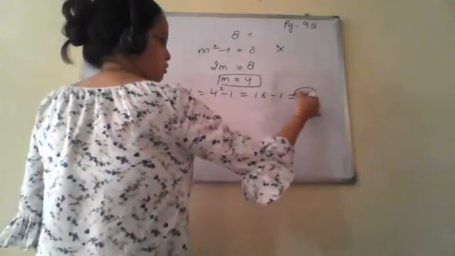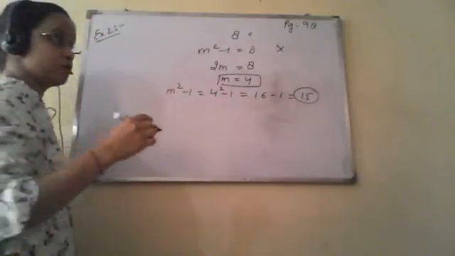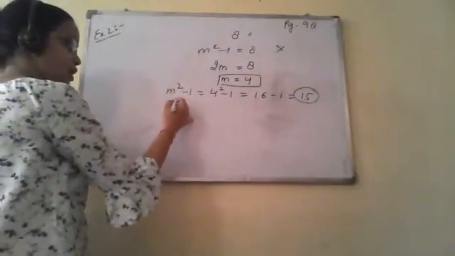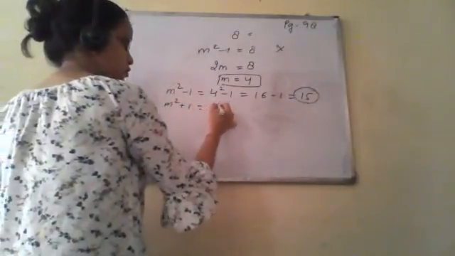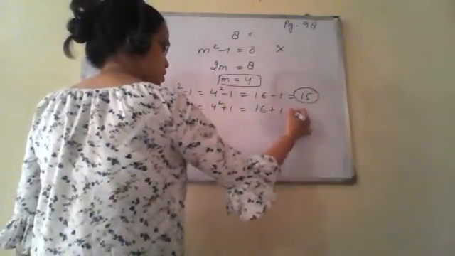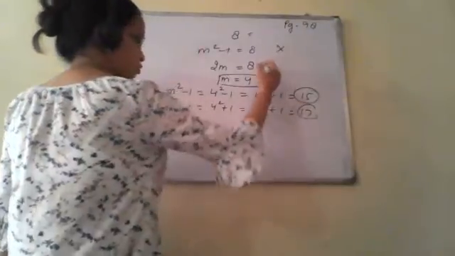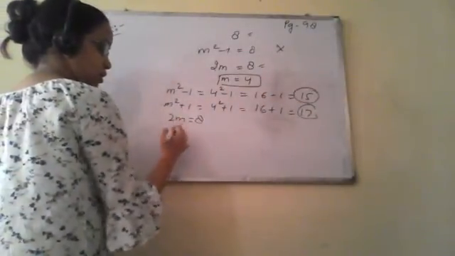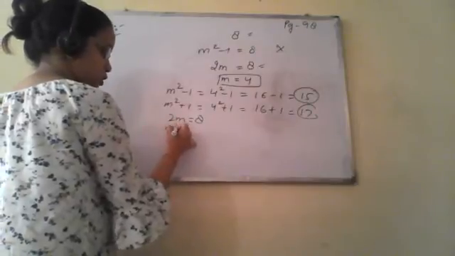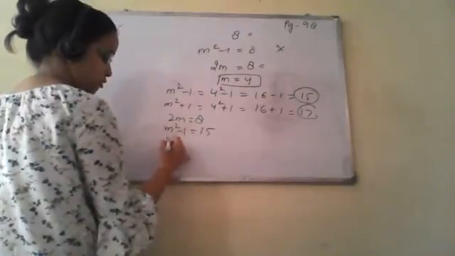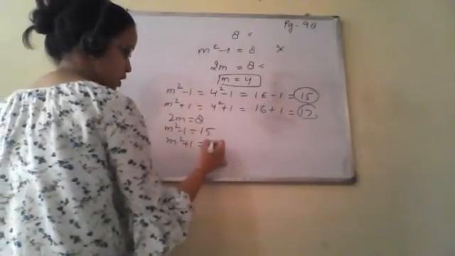So the value of one of the numbers of the triplet is 15. And m square plus 1 will be 4 square plus 1, that is 16 plus 1, 17. So we have 2m equals 8, we have m square minus 1, that is 15, and we have m square plus 1, that is 17.